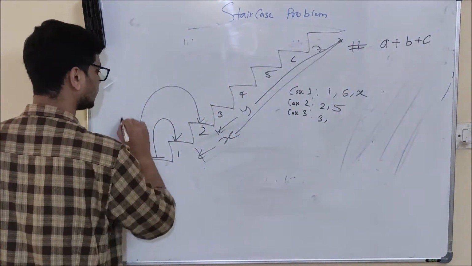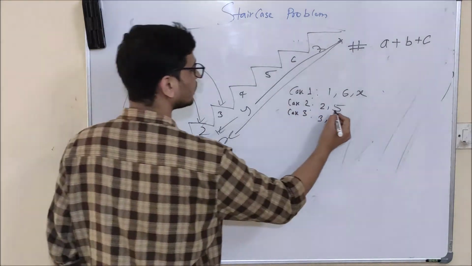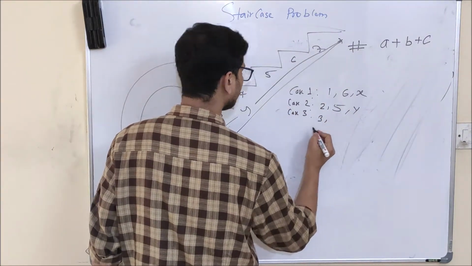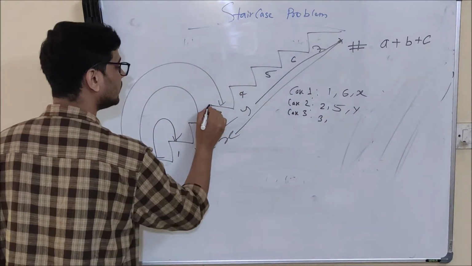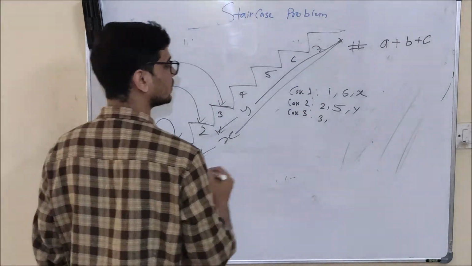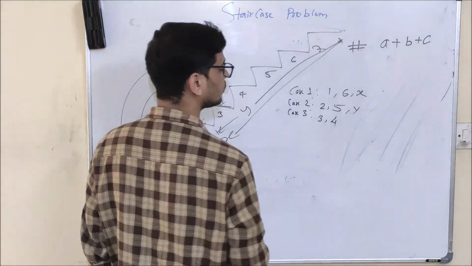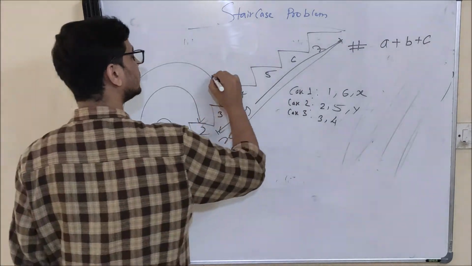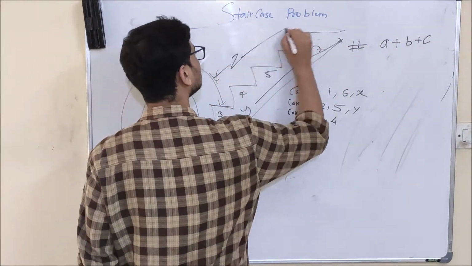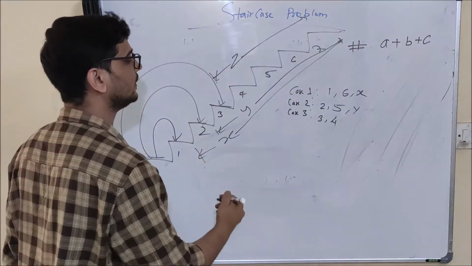Come to case 3. I can take a 3-step jump. When I take a 3-step jump, I will reach the top of the third stair, and the number of stairs remaining to climb will be 4. And let's assume Z is the number of ways in which we can do it.